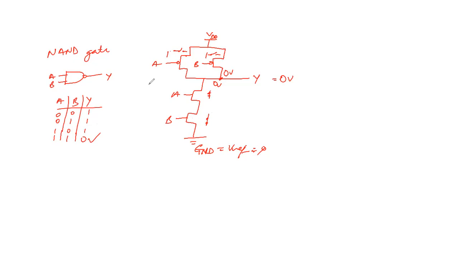Then we equally have the OR gate. From A, B, inputs 0, 0, 1, 2, 0, 1, 1.